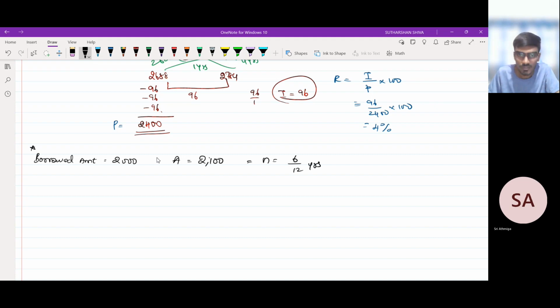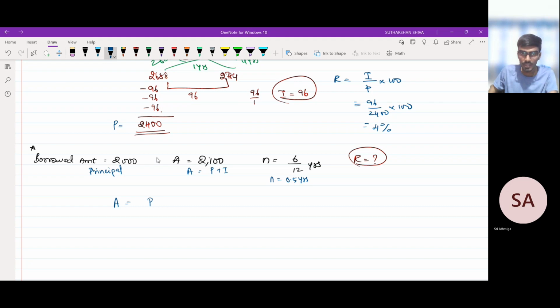Only these 3 things are given to you. They are asking you to find the rate. Which approach are you going to take, Atmika? Borrowed amount is nothing but your principal, right? A is amount. A is equal to P plus I. N is 6 by 12, so N is equal to 0.5 years.